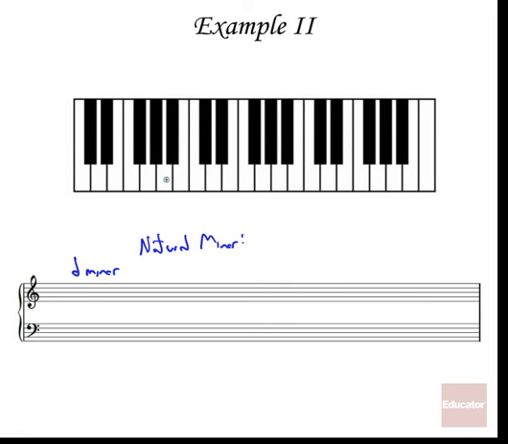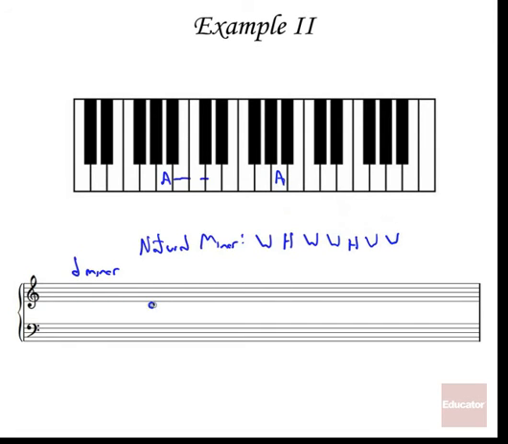So the natural minor pattern is whole, half, and then whole. Again, I'm just taking the notes from A to A. So whole, half, whole, whole, half, and then whole step, whole step.